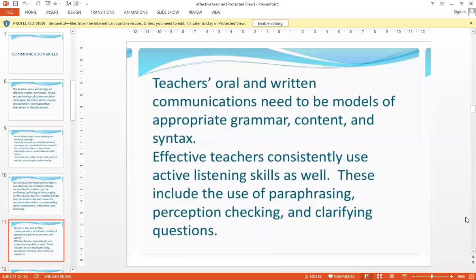It will be very meaningless to the student. So we need to use proper grammar and diction.